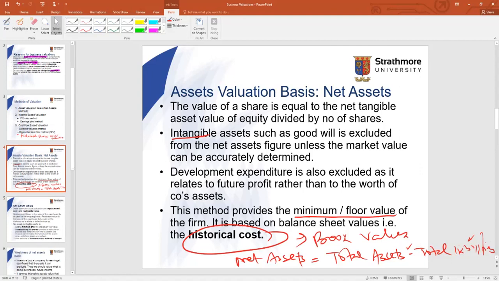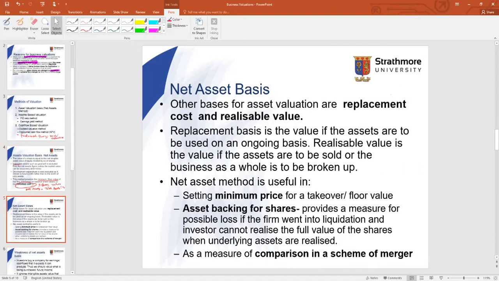We can also use the replacement cost basis. In the replacement cost basis, what we are assuming is that if the company were to make an exact replica, to replace the assets of the company in the exact way, what would be the amount the company would pay for it?